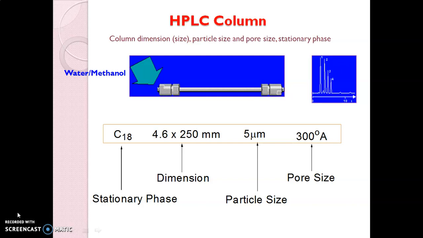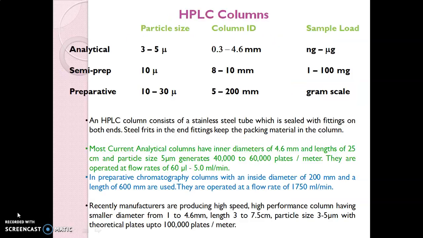The C18 column is the most commonly used in HPLC, and it has a diameter of 4.6, length of 250 mm, particle size of 5 micrometer, and pore size of 300 angstrom of the stationary phase. So this is very accurately maintained in the HPLC.